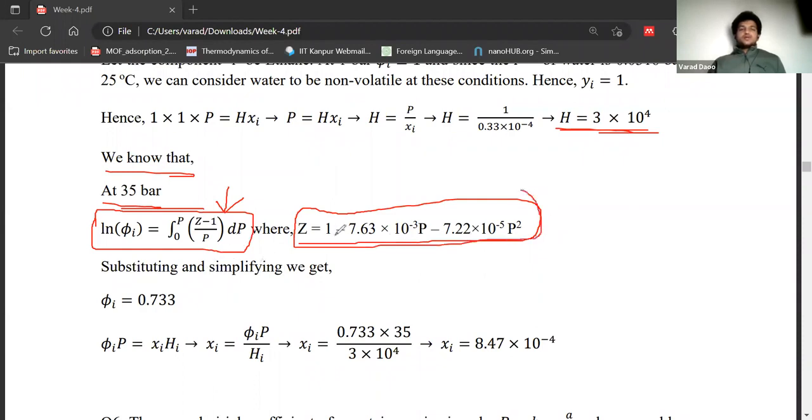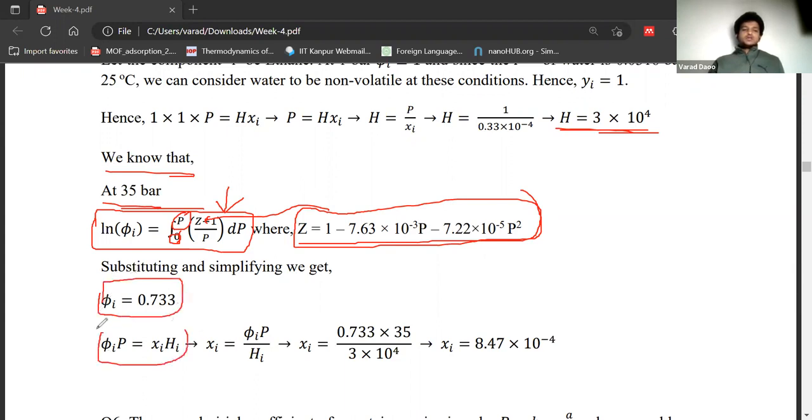We just put in the values, do the differentiation, separate out the terms, put 0 and pressure as 35. You end up with this expression that phi is 0.773.